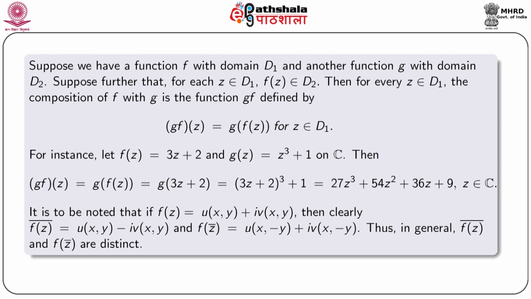It is to be noted that if f(z) = u(x,y) + i v(x,y), then clearly the conjugate of f(z) is u(x,y) - i v(x,y), and f of z conjugate equals u(x,-y) + i v(x,-y).